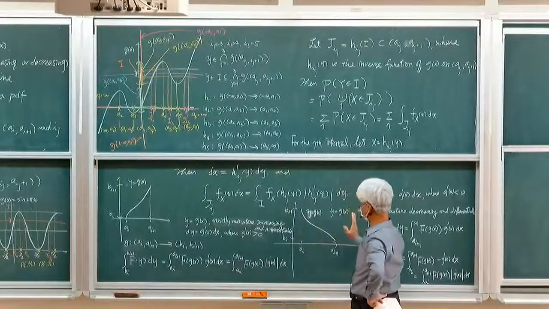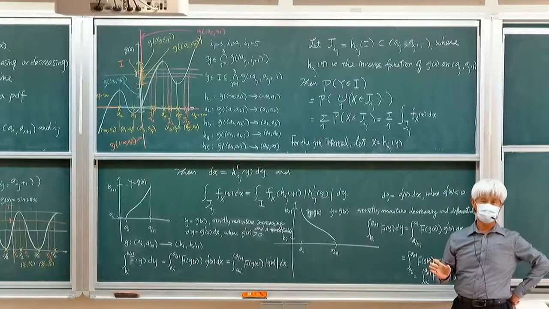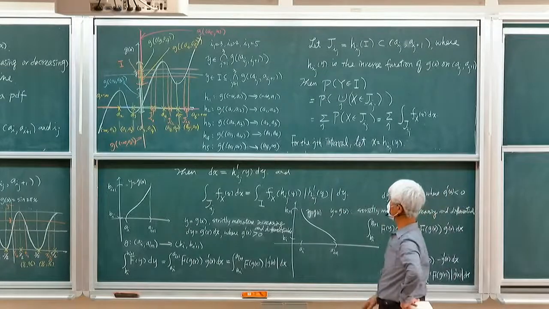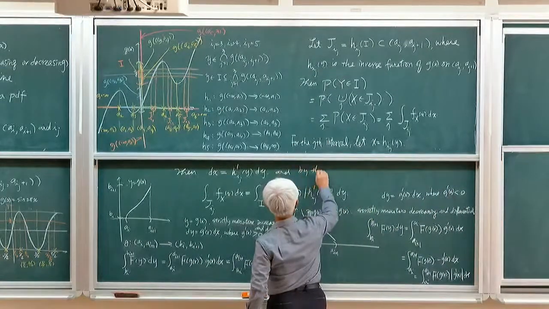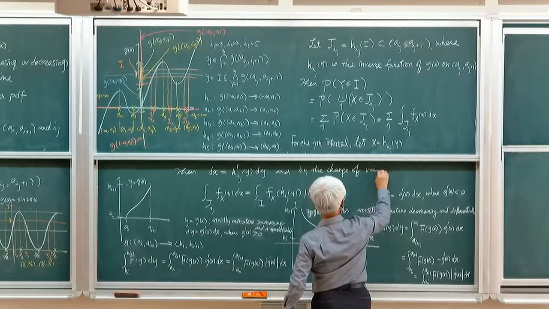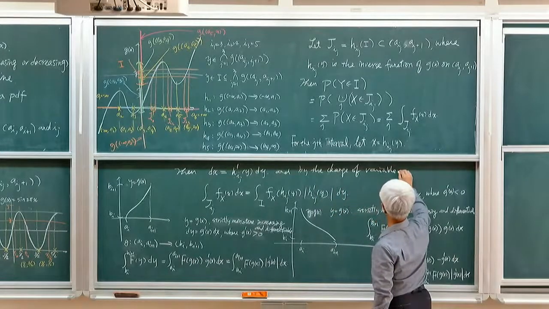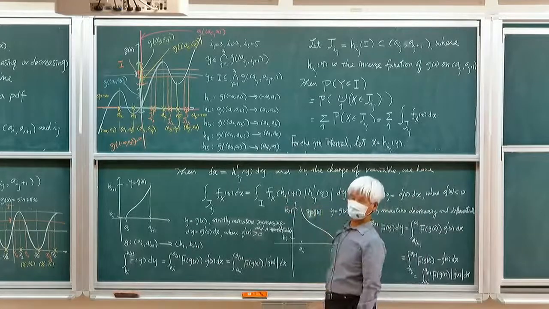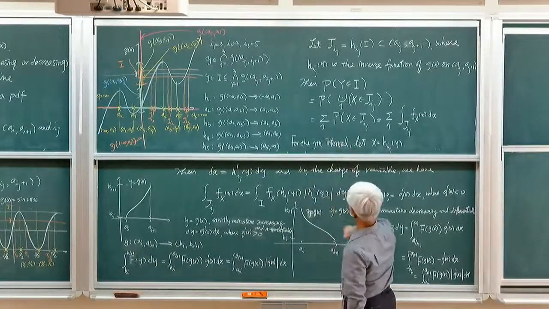So this is just purely change of variable. And by the change of variable, we have this one. All right. So for the J_i interval here.